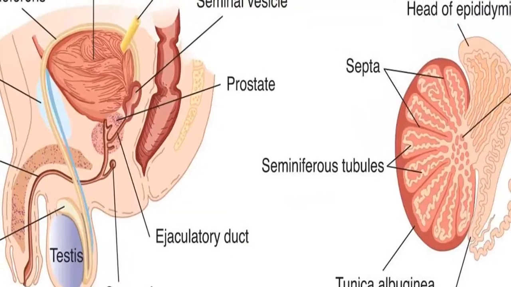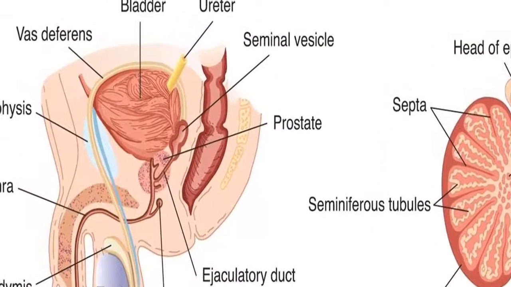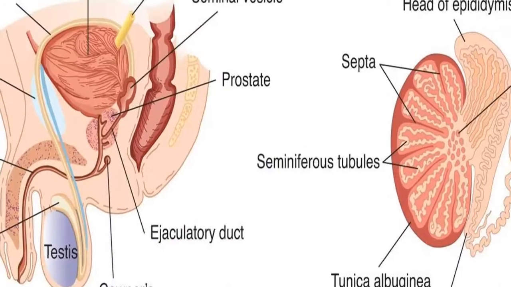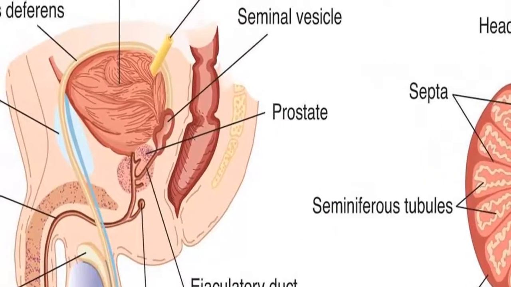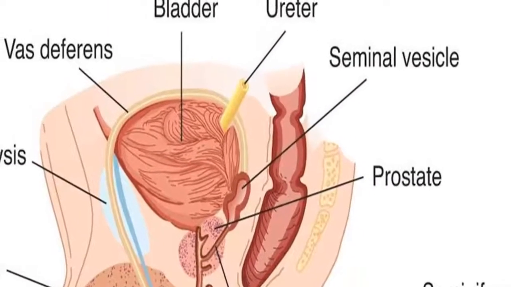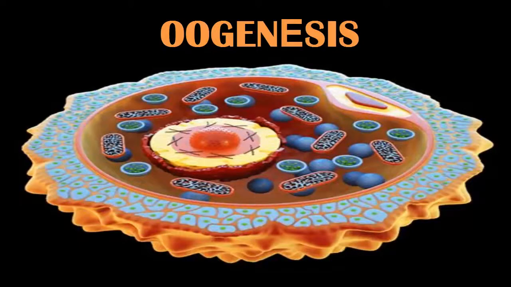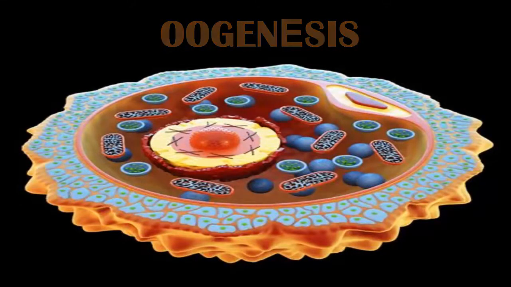The sperm then move to the vas deferens or sperm duct. The seminal vesicles and prostate gland produce a whitish fluid called seminal fluid, which mixes with the sperm to form semen.